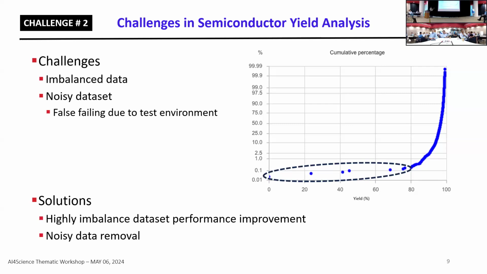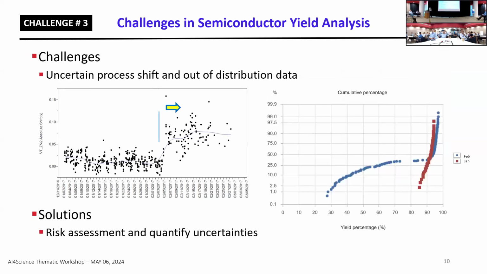So there is a lot of imbalance in the data sets, a lot of noise, and process shifts that are sometimes hard to explain but have to be quantified. And as Professor Yu said, the signal to noise ratio isn't high enough for you to easily decode the noise from the signal. So these issues have to be accounted for as well.